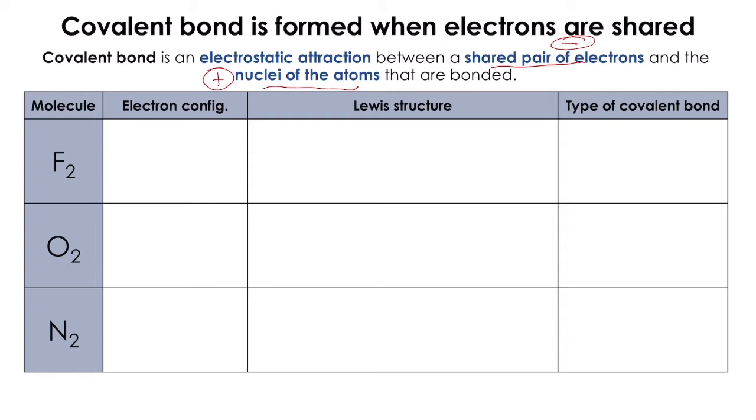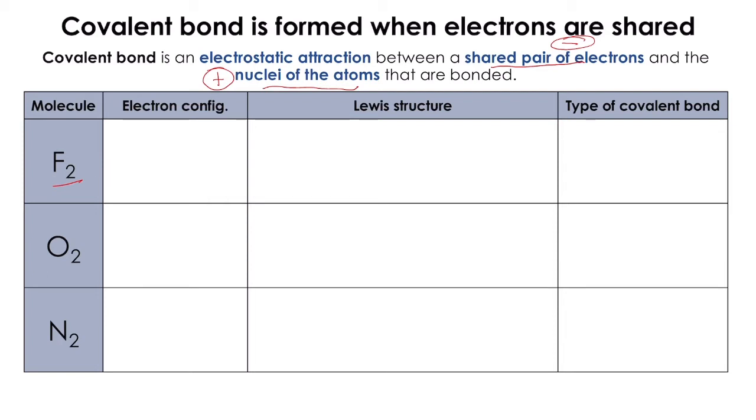The first one we have here is fluorine, F2. Before we think about how the covalent bond is formed between fluorine atoms, we have to write the electronic configuration. Do I have to write in subshells or main energy level? It does not really matter. So we'll just write the basic electronic configuration, the main energy level.